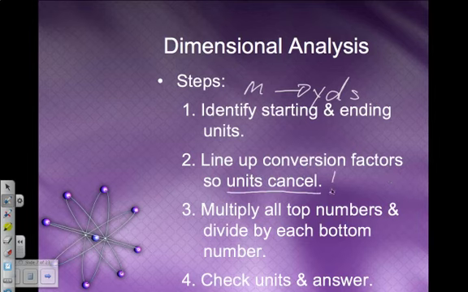That's the most important part. And then you're going to take the numbers that are on the top and multiply, and then divide by the numbers on the bottom. So really when you're lining up your conversion factors, you're really trying to decide if you're going to multiply or divide. Then at the end, you're going to check your units, make sure you have the unit you want, your units cancel, and your answer makes sense.